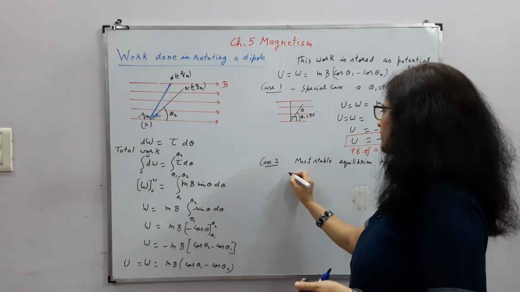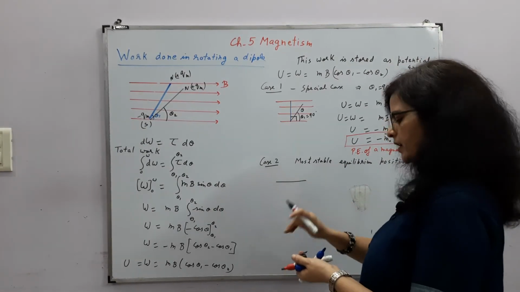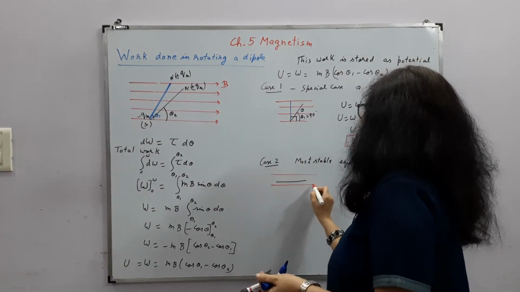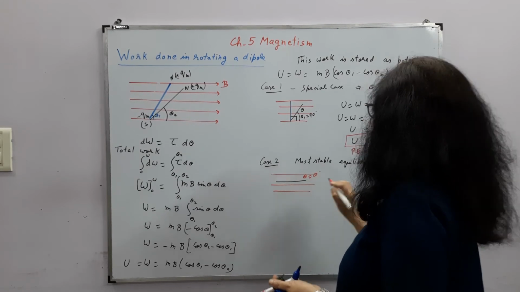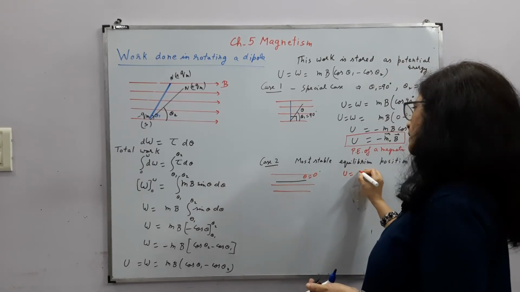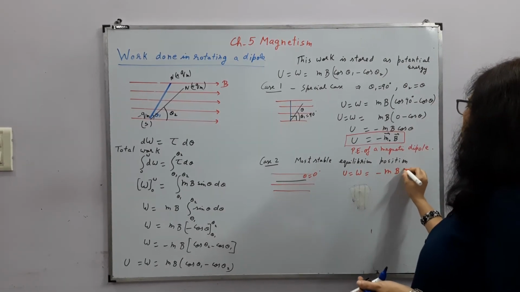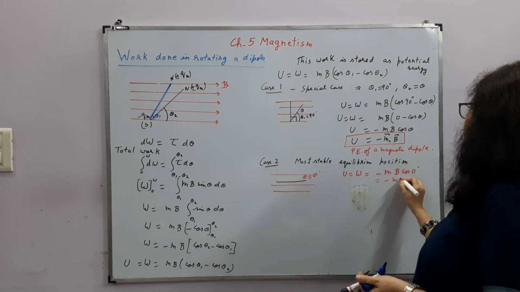We know that when this dipole is aligned parallel to the magnetic field, then theta is 0 degrees and U is equal to work done is equal to minus mB cos of 0 degrees, and this gives me minus mB.